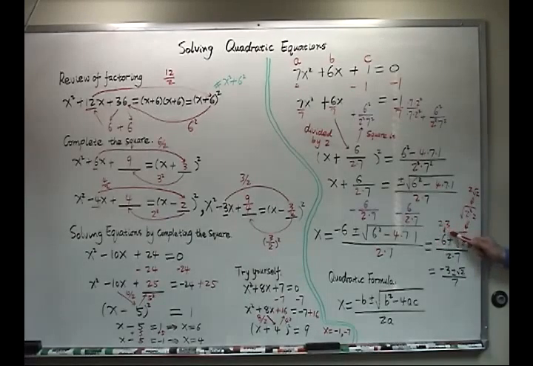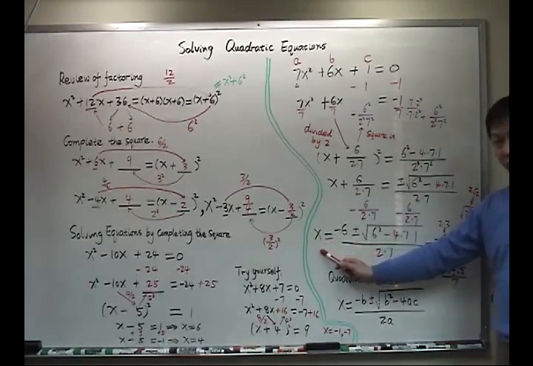Negative 2 times 3. Downstairs is 2 times 7. And you have a 2 upstairs and 2 downstairs, with plus or minus. So you can cancel this 2 with the 2 upstairs. Then you have negative 3 plus or minus radical 2. This 2 is cancelled, so downstairs is 7. So this is the final answer for this x.